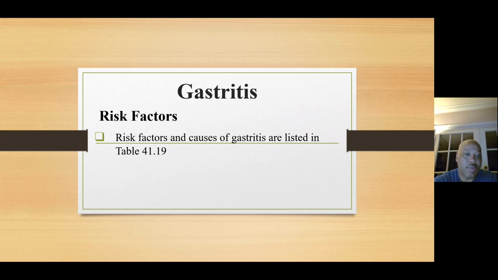Now, dietary indiscretions can also cause or contribute to acute gastritis. After an alcoholic drinking binge, acute damage to the gastric mucosa can range from localized injury of superficial epithelial cells all the way to destruction of the mucosa, which can result in mucosal congestion, edema, and then hemorrhage.